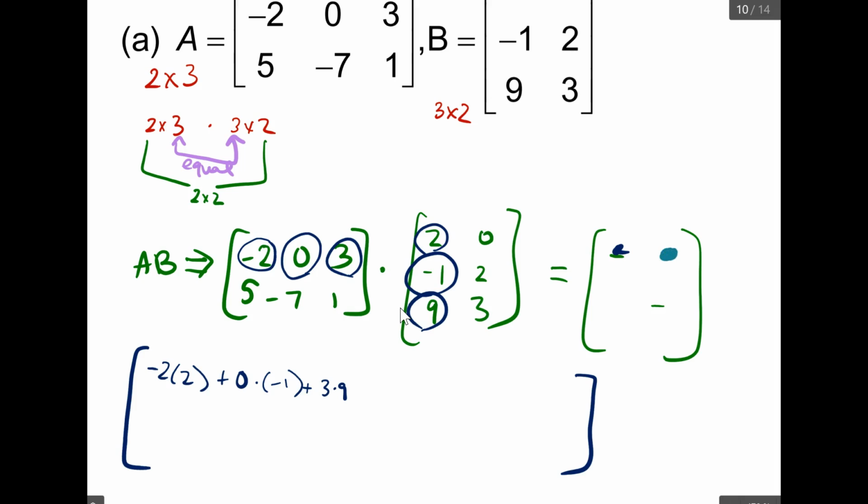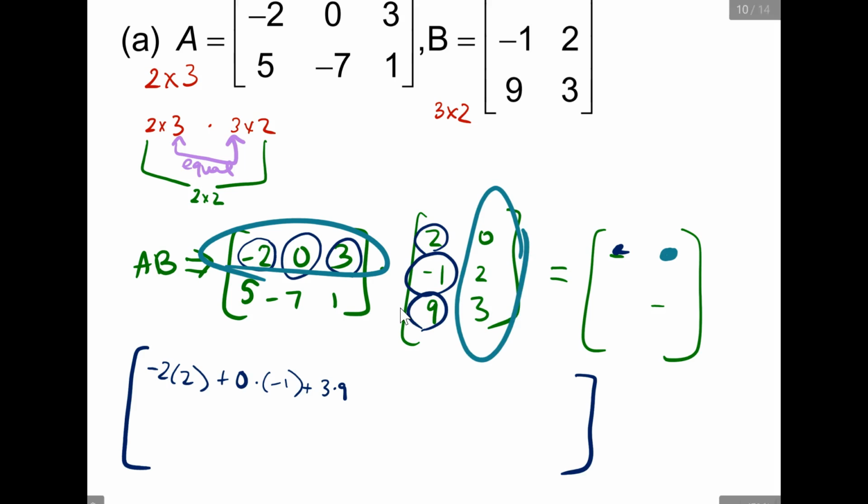If I want the top right number, where is this piece located? This is the first row, second column. So I want my first row multiplied by the second column of my second matrix.